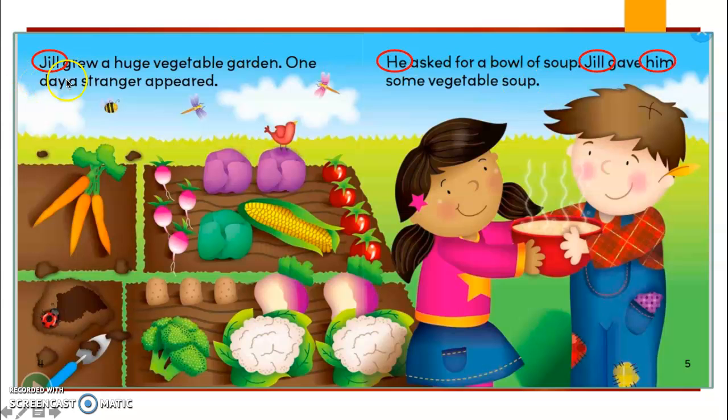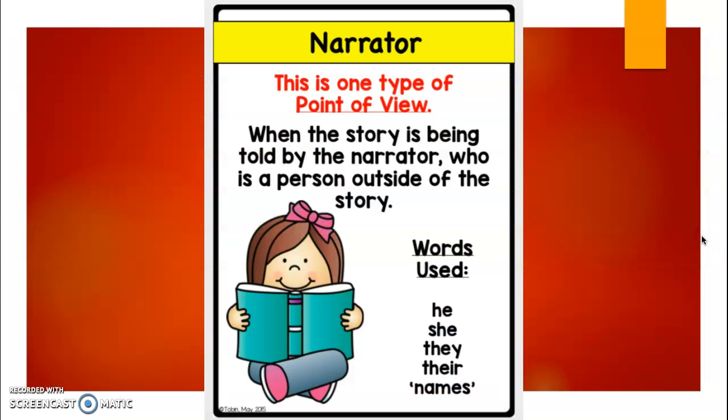Oh, so I'm looking at these words, and I can tell these are not the words I, me, my. These words are the character's name, Jill. The words he and him. This tells me this story is being told by somebody outside of the story. It's being told by a narrator.